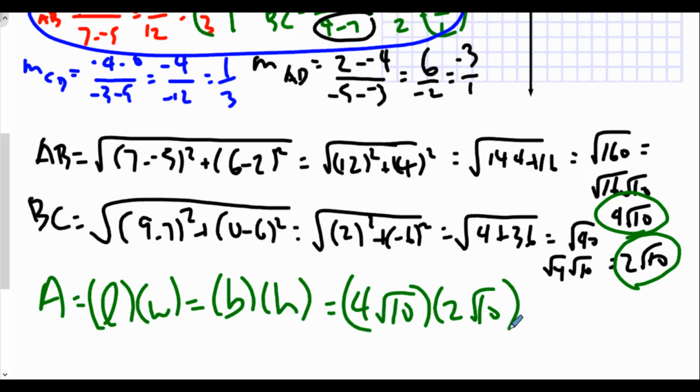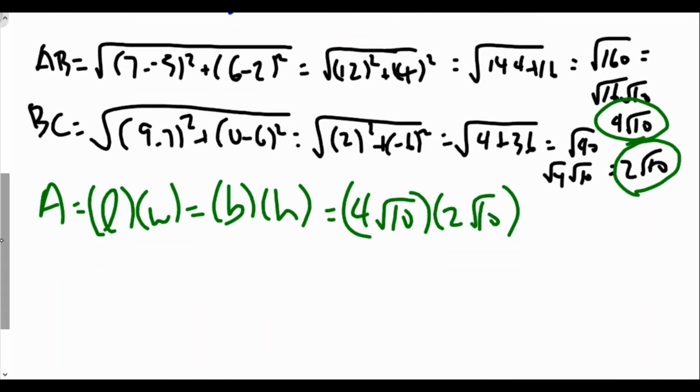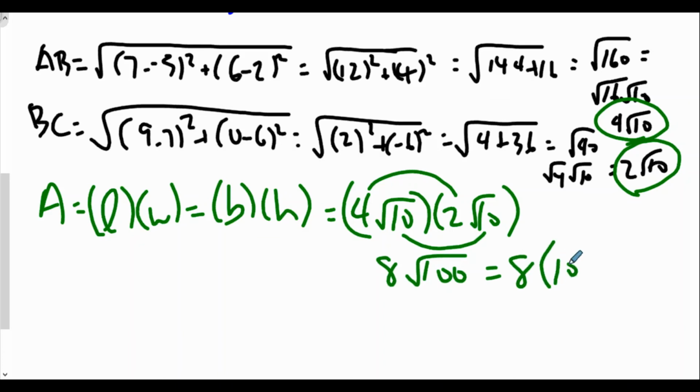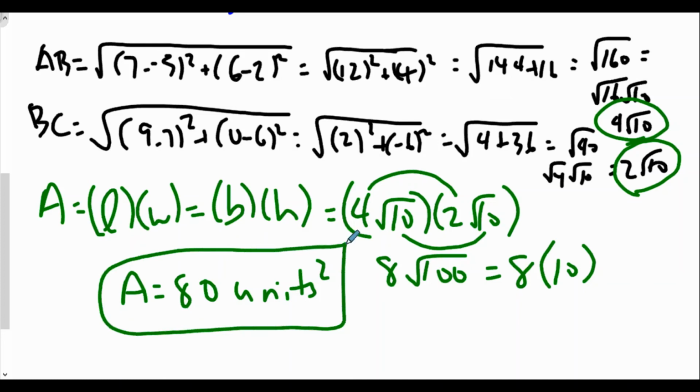If you multiply these radicals, we multiply the outside number with the outside number, 4 times 2 is 8. And the square root of 10 times the square root of 10 is the square root of 100, which can be simplified into 10, which leaves us an area of 80 units squared. And this is our final answer.